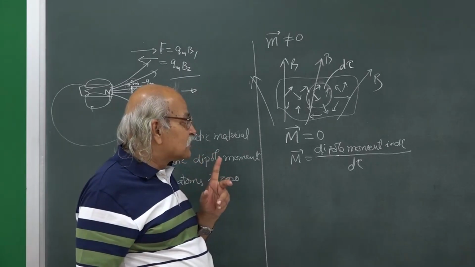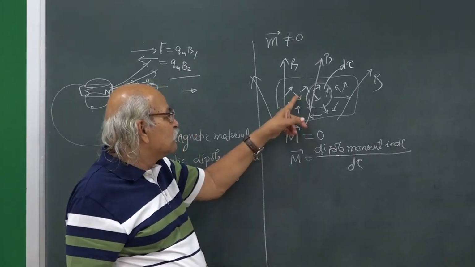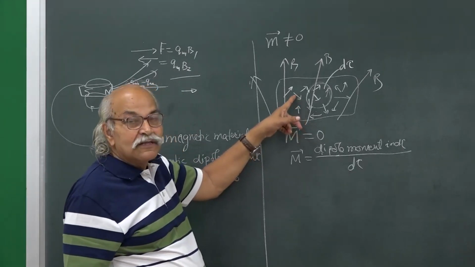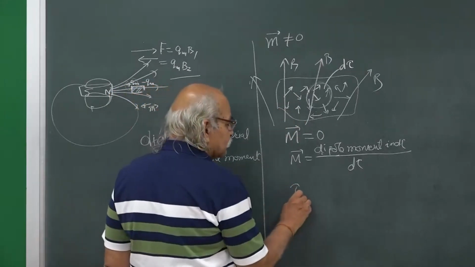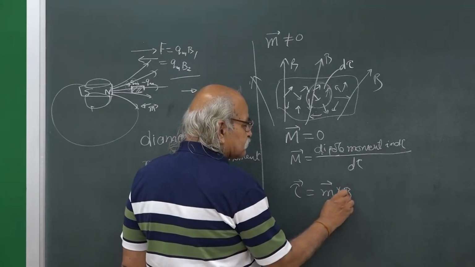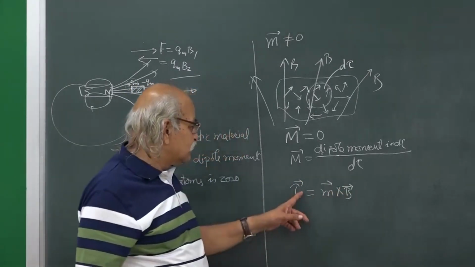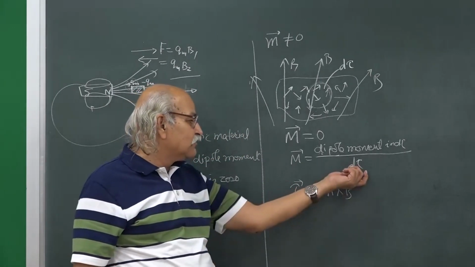But on top of this, each magnetic moment will also experience a torque, and that torque will be m cross B. And this tau is different from this tau. This is for the torque, and that was for the volume.